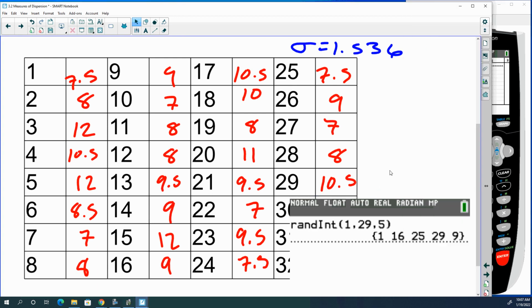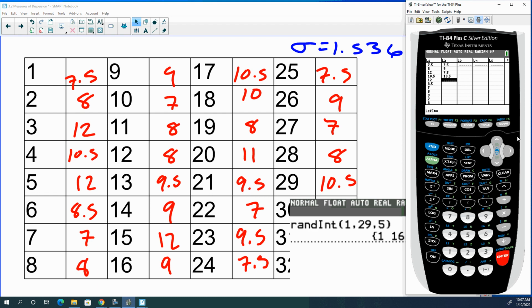And student 9 was 9. So now if I wanted the standard deviation from this, I can hit Stat, arrow over to Calculate, one variable Stat, but now it's list 2, so I change it to the number 2 for list 2, and then I calculate this.